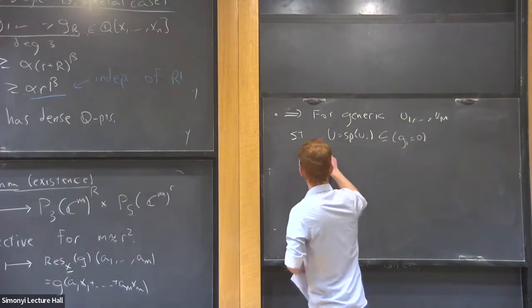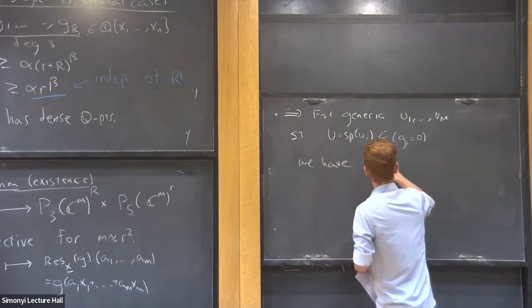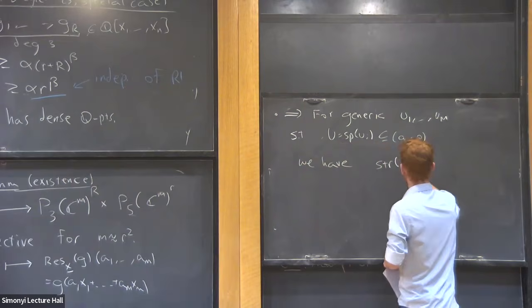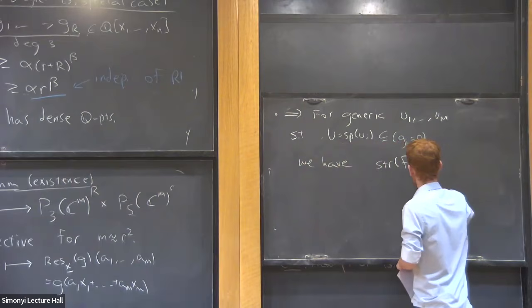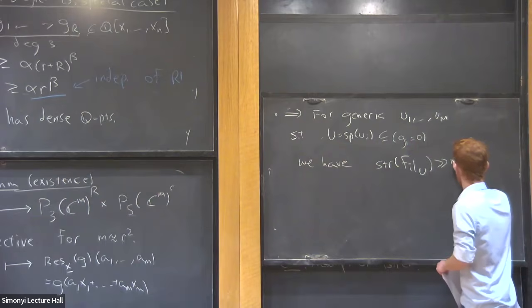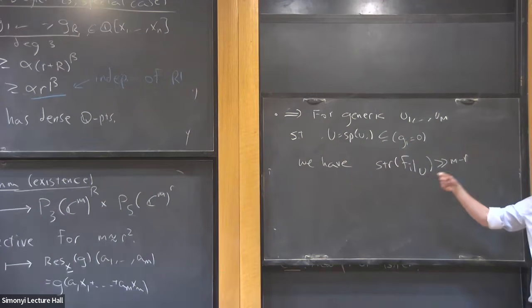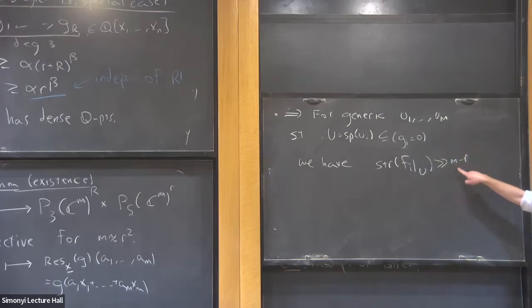So we get that the strength of the degree 5 forms restricted to U is just like the strength of a generic collection of forms in m variables. And this is again, just by dimension counting, a lower bound, with some constant depending on the degree, which is 5.